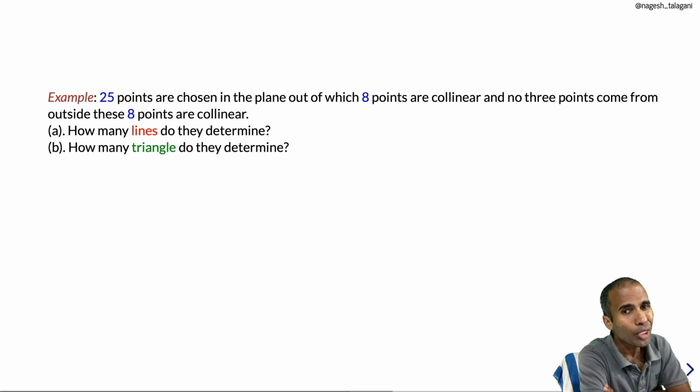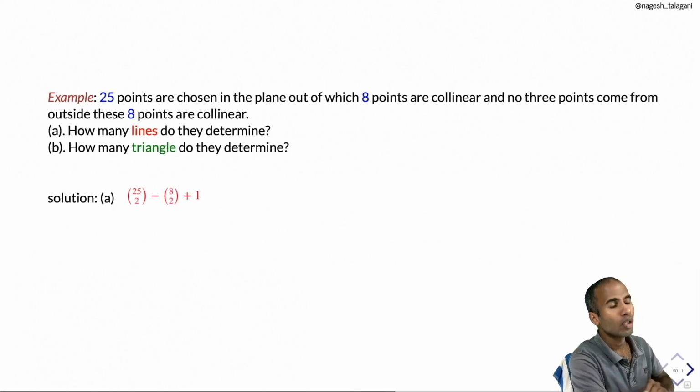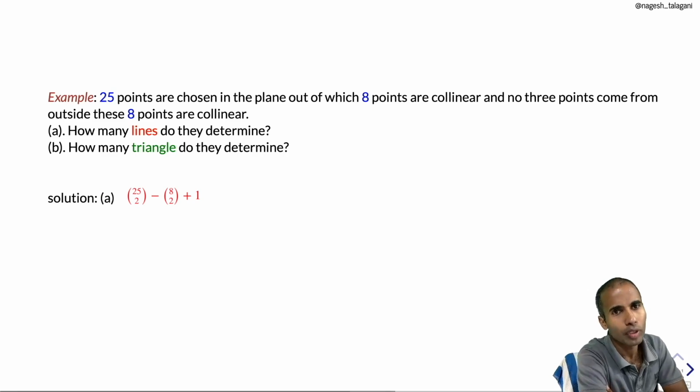So for every 2-combination of these 25 points, there should be a line. But any 2-combination of points from these 8 collinear points gives the same line. So the total number of lines is 25 choose 2 minus 8 choose 2 plus 1. So the answer for A is 25 choose 2 minus 8 choose 2 plus 1.